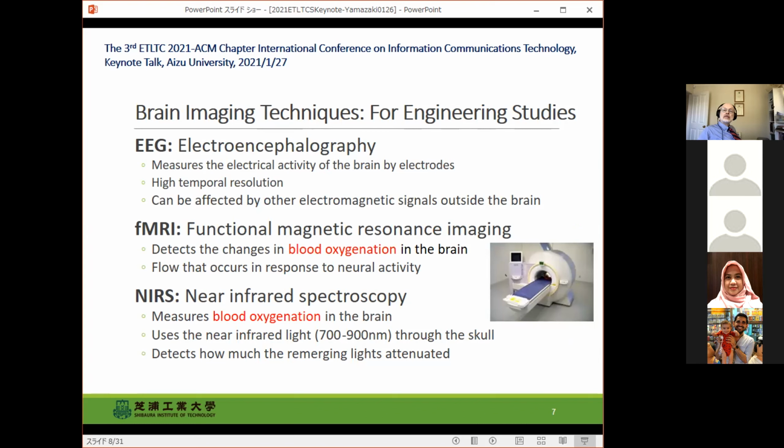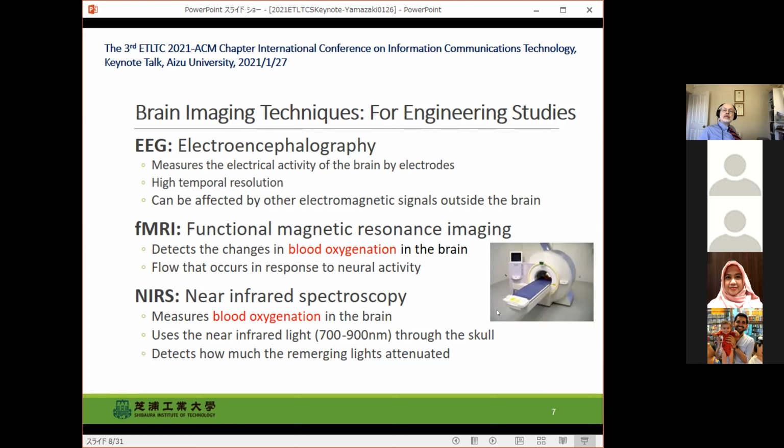And EEG is the most popular one because it's cheap, handy and light. And even many software tools nowadays are available for engineering research. And the functional MRI, yes, this is the one. This is a huge machine and very expensive.